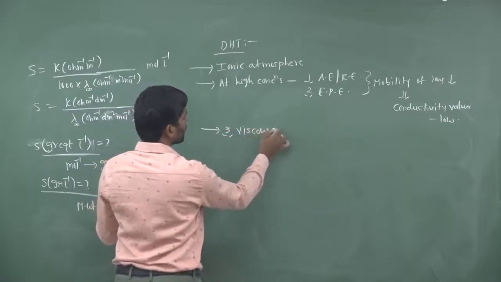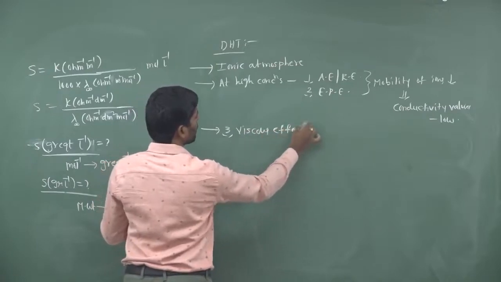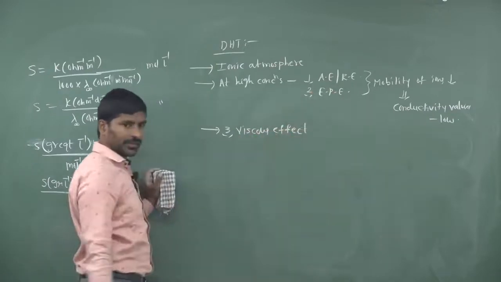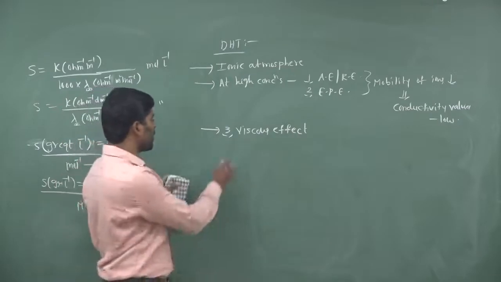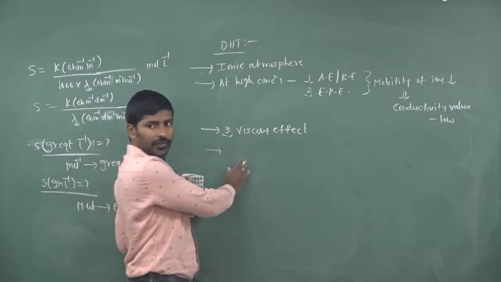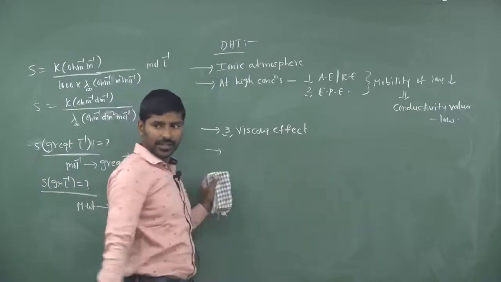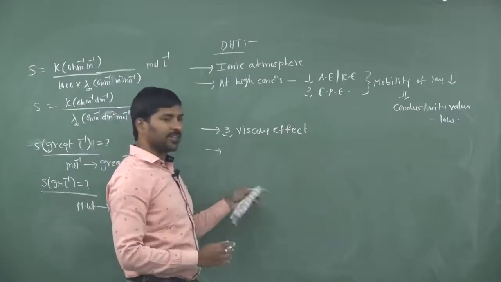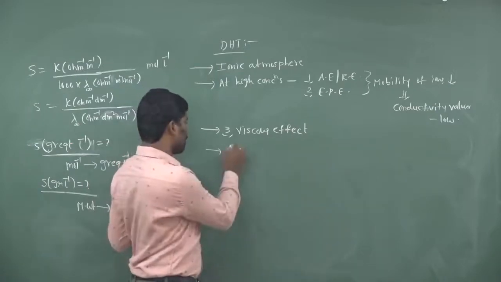Viscous effect. By taking these three effects into consideration, they proposed an equation between molar conductance or equivalent conductance of an electrolyte and concentration, showing how conductance changes with concentration. What is that equation?